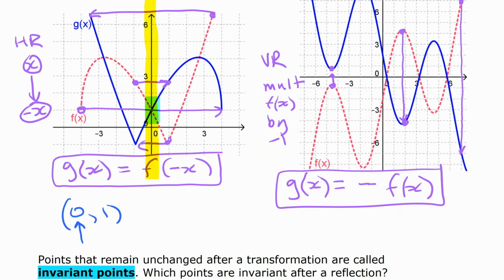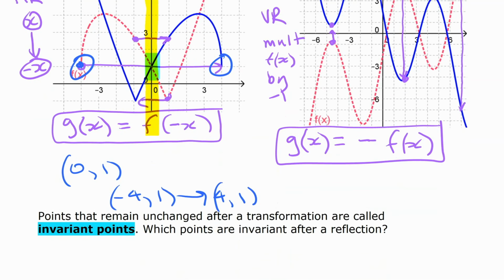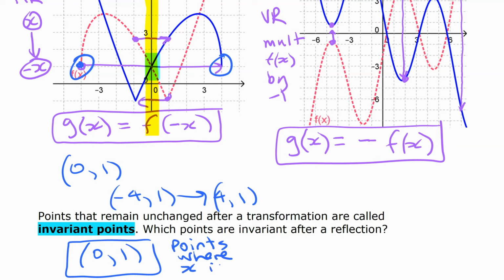Whereas any other point, pick this point right here, that point is -4, 1. That point moves over here, to 4, 1. The x value changes sign there. Whereas if it's 0, you can't change sign because 0 is the same whether you put a negative in front of it or not. So that point is invariant. So we can say there's one invariant point there, which is 0, 1. So we can say points where x is 0.